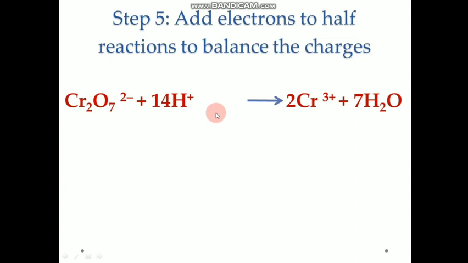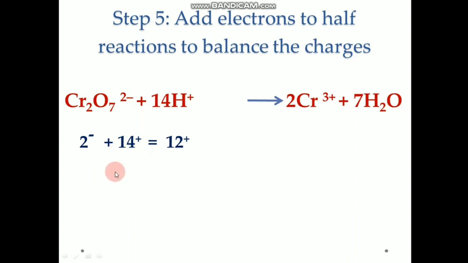This is the reduction part, and here we need to check whether the charges on both sides are equal or not. Here we have 14H+, so 14 positive charges, plus 1 2-. Totally it will become 12+ charge. So 2 negative charges from this and 14 positive charges from this.